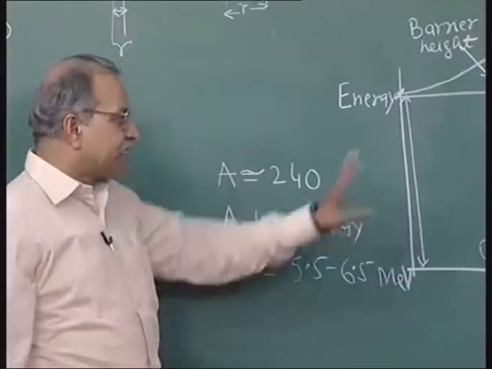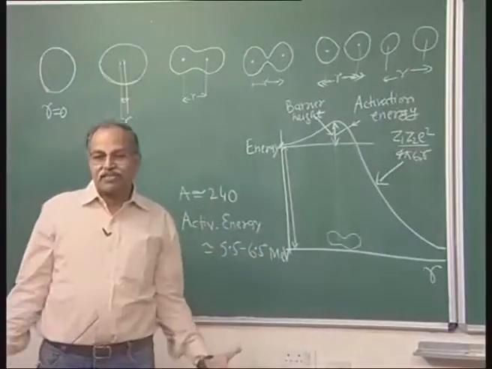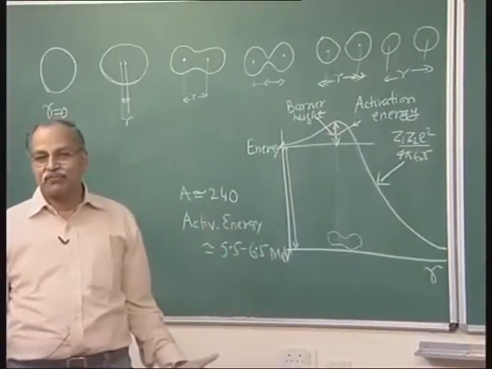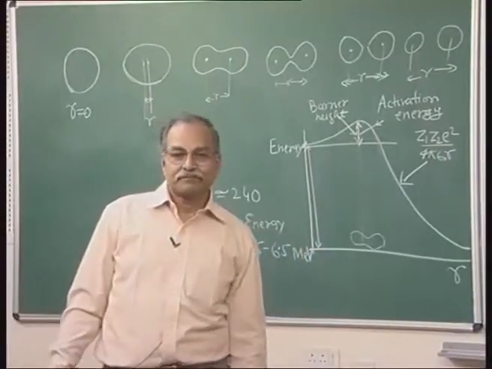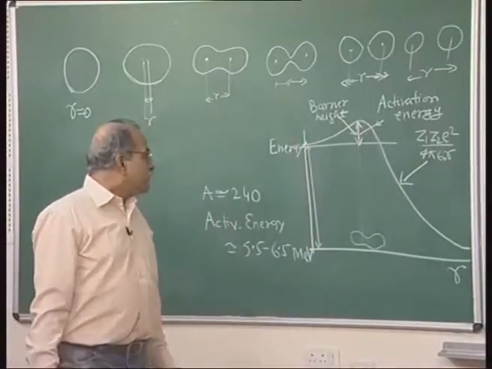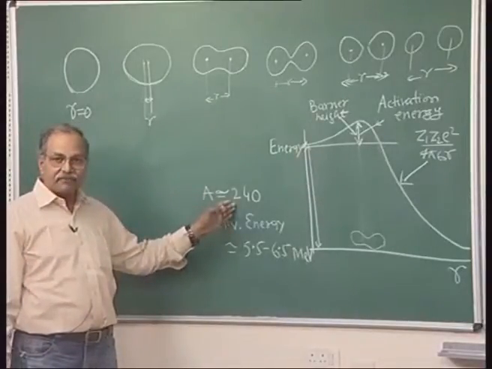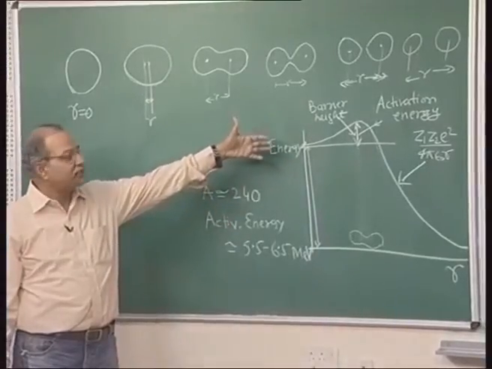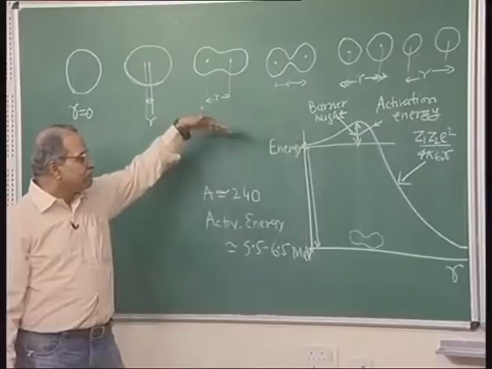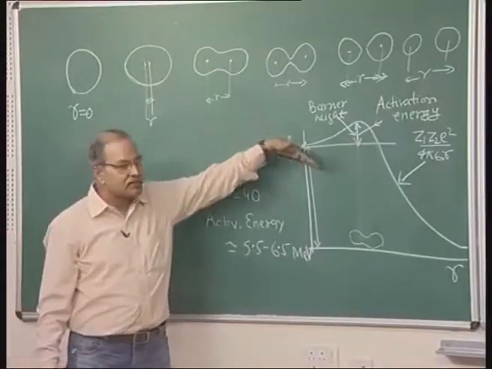So, this much of extra energy is needed, and that is why the probability is very small, and that is why we have almost stable nuclei. But if you look for much larger values of A, then there is no barrier. In fact, this shape does not work. From the very beginning, as the nucleus starts deforming, the energy starts decreasing.